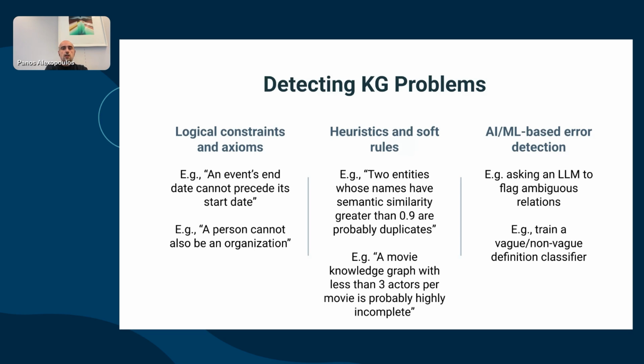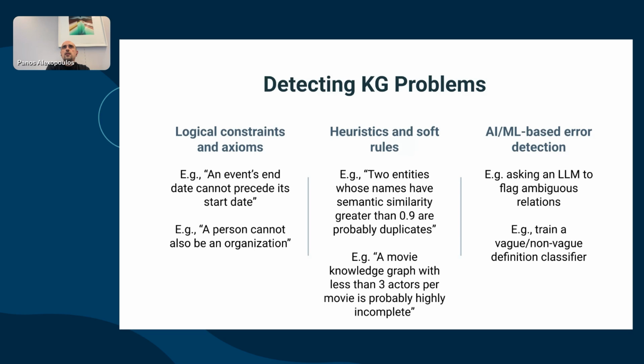For example, let's say that we have 2 entities in our knowledge graph whose names have a very high semantic similarity, more than, let's say, 0.9 or 0.95. Then there is a high likelihood that these terms refer to the same entity. Not necessarily, not always, but there is a high chance, which means that we can use this as an alert for further inspection and checking. Or another example would be to have a movie knowledge graph where each movie has, let's say, less than 3 actors on average.